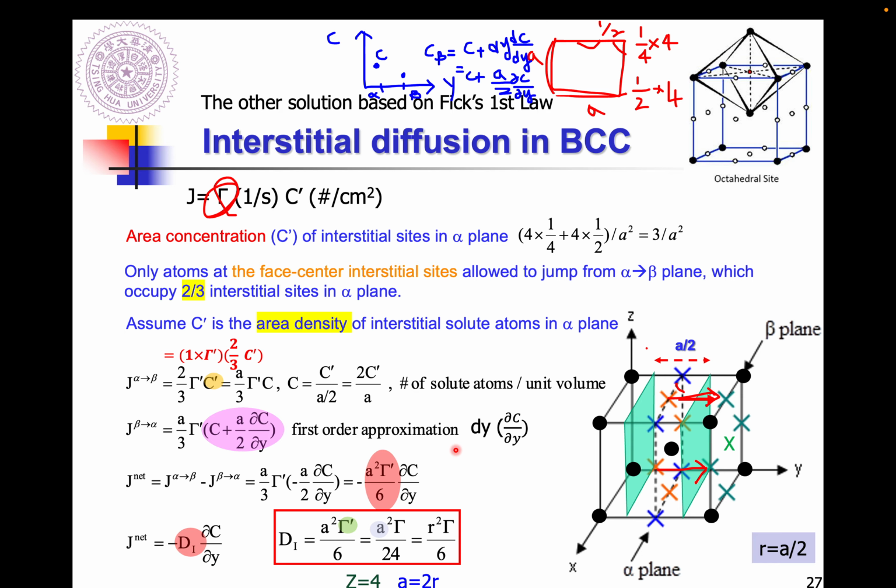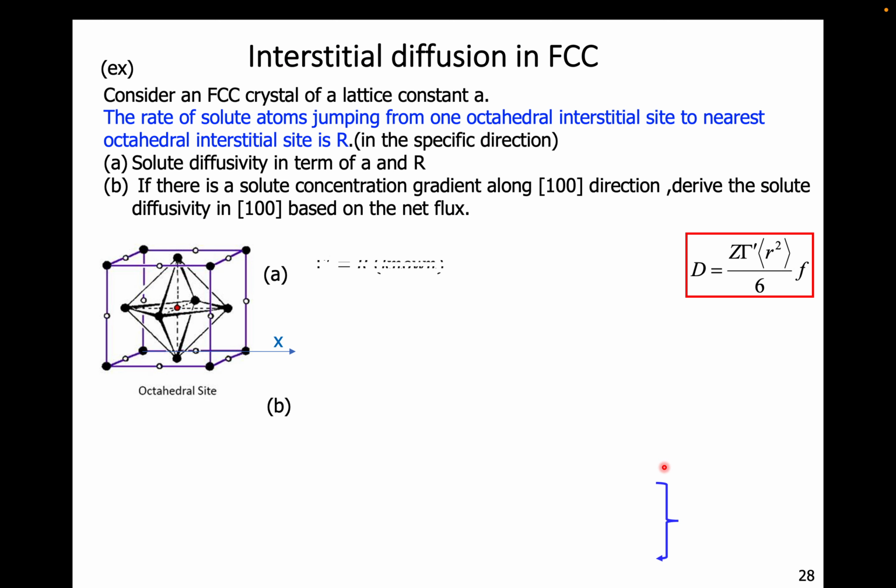But in some cases that will be different. 我在提醒你，用 Fick's first law 的时候要注意有些 criteria，就是每一个可以跳的平面数应该要一样。有人是不一样的，你们可以做做练习。Okay, so let's do the other practice here.